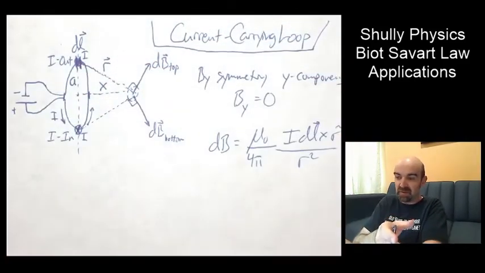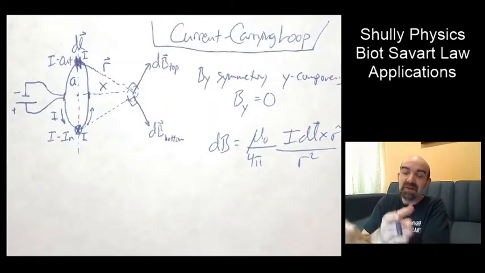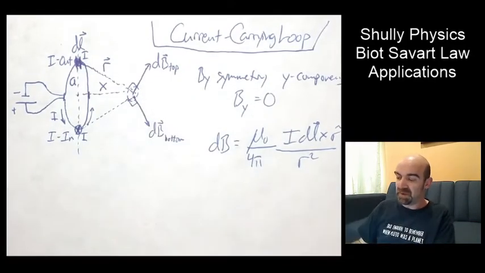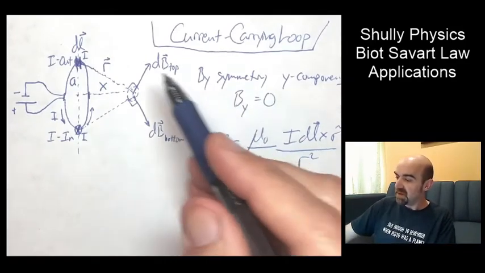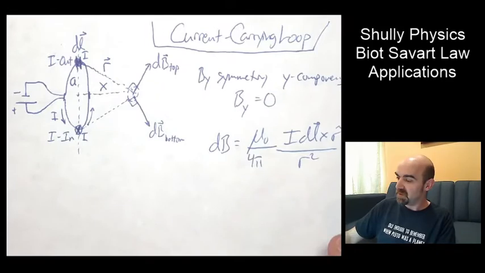Those components would also cancel, leaving only the x component. We're going to pull that out at the end after we sum up the bits of the magnetic field as we go around this circle.